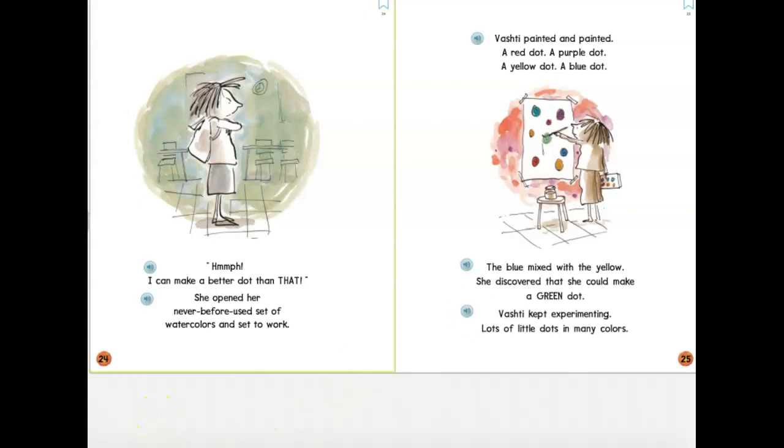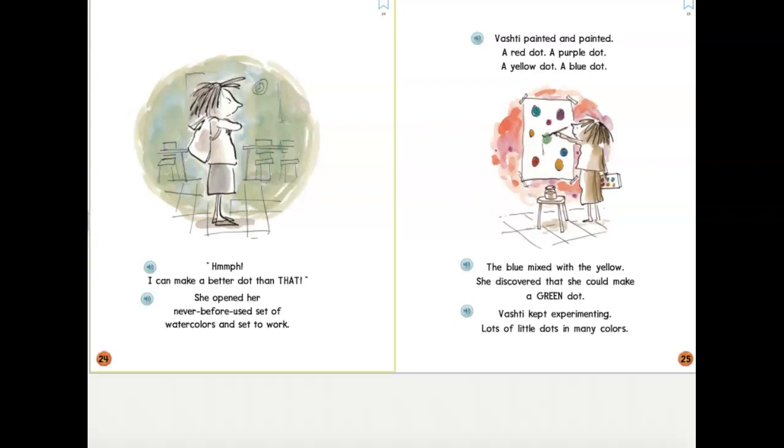"I can make a better dot than that." She opened up her never-before-used set of watercolors and set to work. Vashti painted and painted. A red dot, a purple dot, a yellow dot, a blue dot. The blue mixed with the yellow. She discovered that she could make a green dot. Vashti kept experimenting.